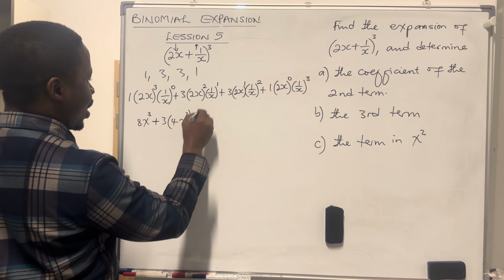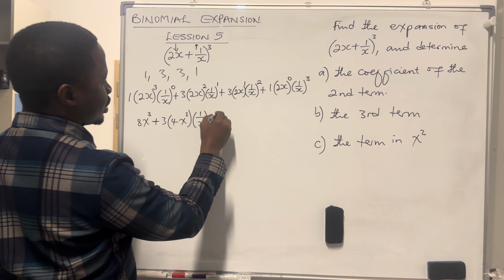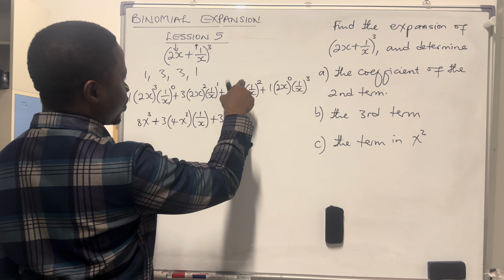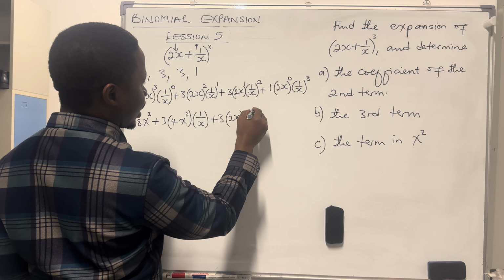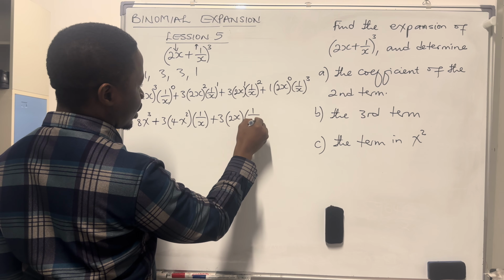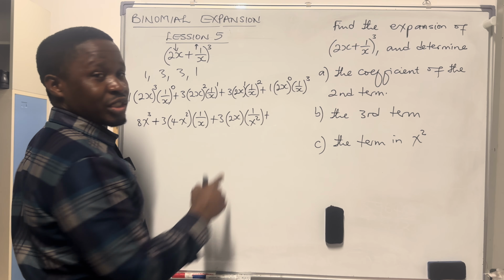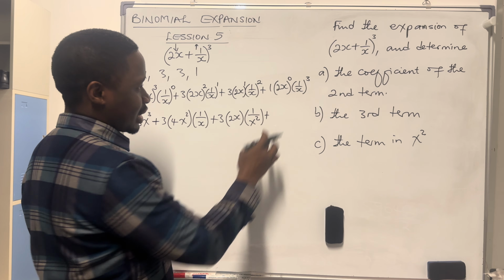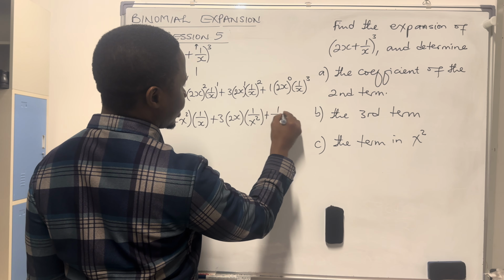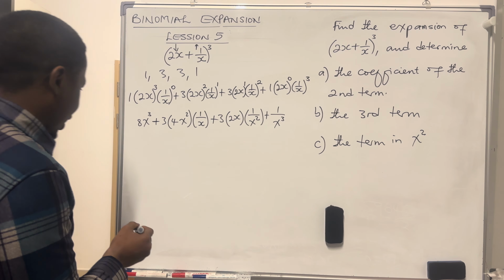Any value raised to power 1 is the value itself. This is 3. 1 squared is 1, x squared is x squared. 2x to the power 0 is 1. 1 times 1 is 1, doesn't make sense. 1 cubed is 1, x cubed.